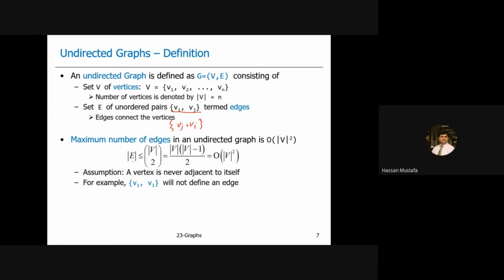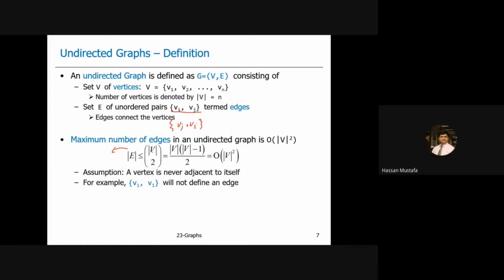Then, for a graph with a given number of edges, that is the size of the set of edges, the maximum number of edges is such that, of course, we can have one edge between any two vertices. So we want to couple these vertices together.